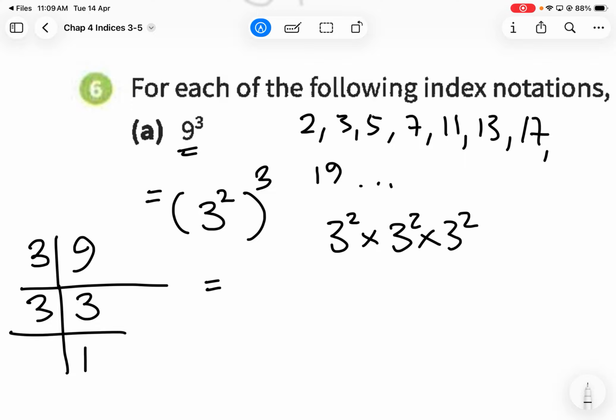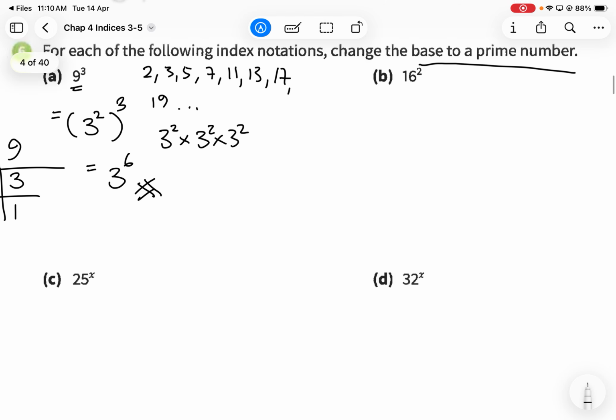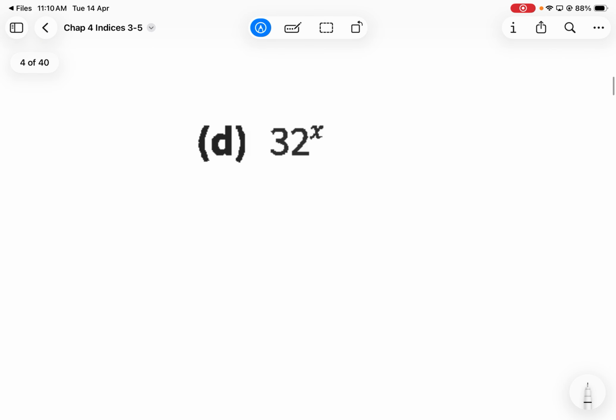Then in the end you will have 3, 2 of them, 2 of them, 2 of them, all together 6 of them. Again it is 3 times the 2. Okay? Then you will get 9 to the power 3 is the same as 3 to the power 6. Okay? One more.